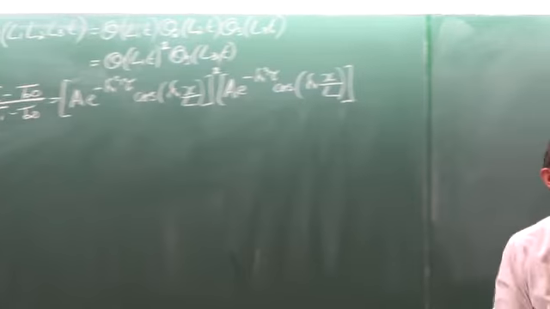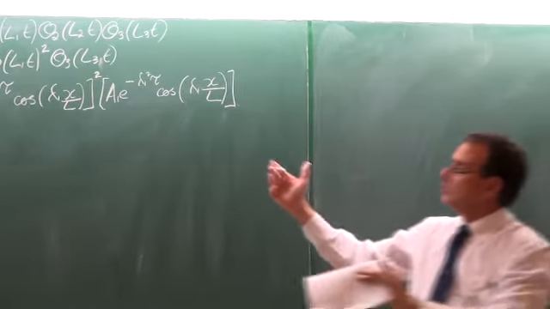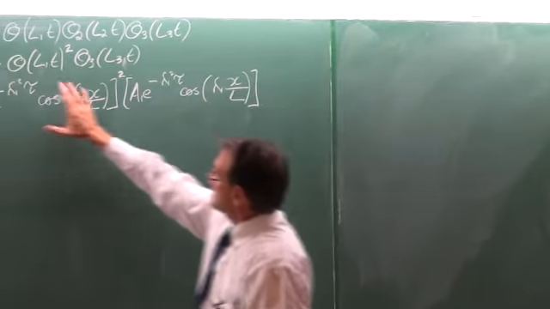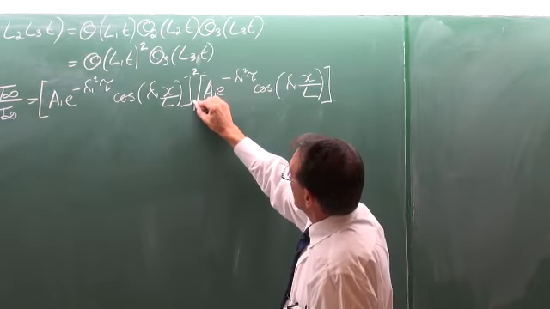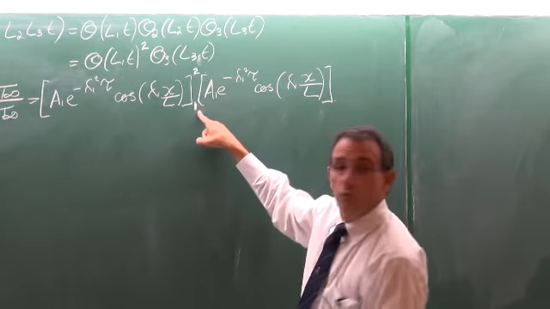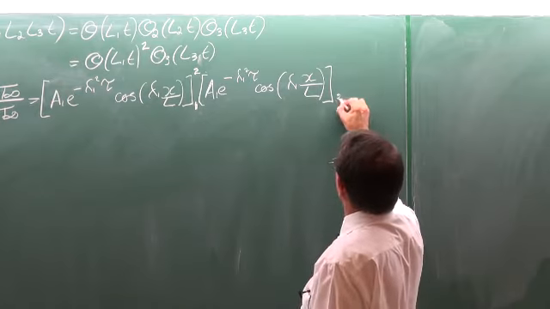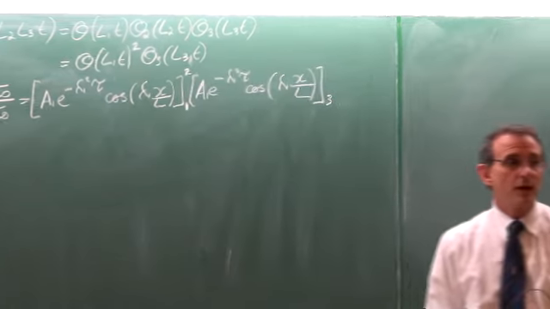To distinguish the two, because we've got exactly the same here and there, let's put a 1 there to indicate it is for plane wall 1, and a 3 there to indicate it is for plane wall 3.